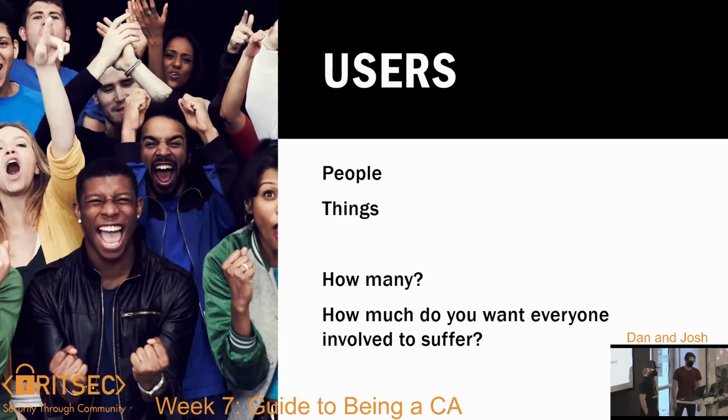All right. Next thing that you actually have to name, users. Generally, people are things. Locations don't really work quite as well for this, but the important questions to keep in mind are how many users do you want? And also, again, how much do you want them to suffer? We have the same problem with users that we had with host names, in which the more complicated the name is, the harder it is to type out, the more annoyed that a potential blue team could be.